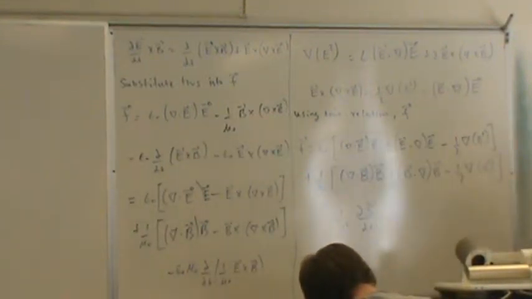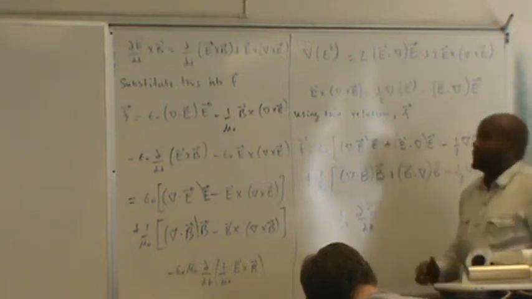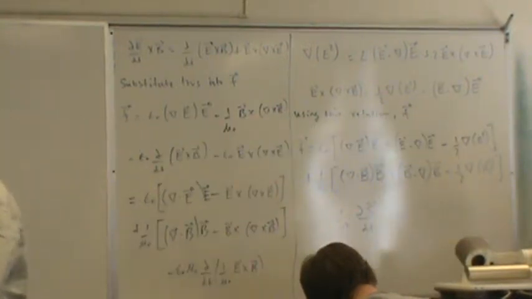After you get a similar expression for the magnetic field, you define the tensor quantity, which includes the electric field and the magnetic field, which is known as the Maxwell tensor.